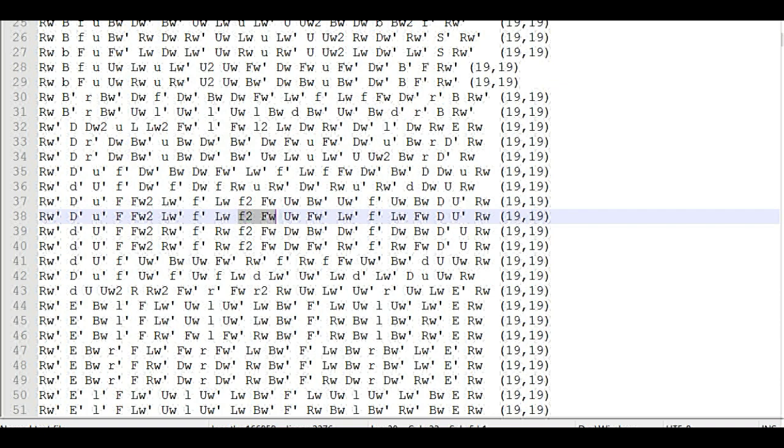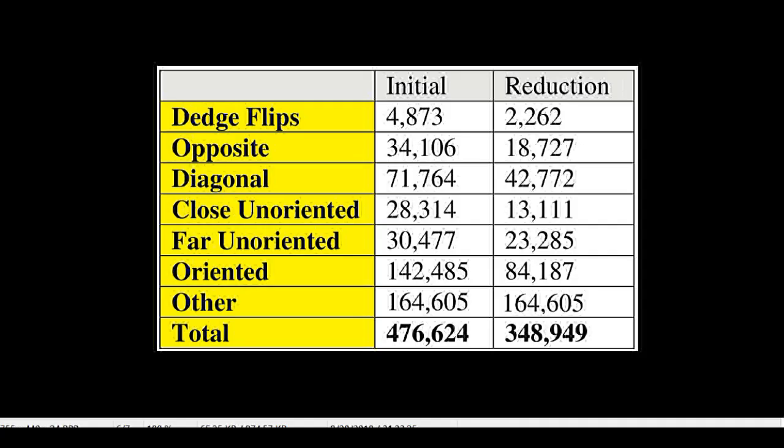If it's equivalent to this, it's going to be like this. So that allowed me to eliminate a lot of duplicates before I even established the initial amount. And then from the reduction, I re-implemented that feature into that routine to go from initial to reduction, just to be sure. And I still have this large number of algorithms.